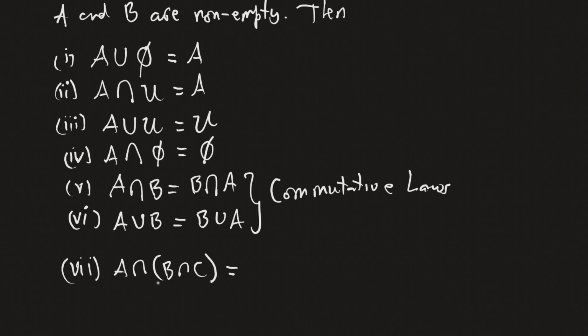In other words, with the parentheses here, it's saying that you'd perform this intersection first and then take that result and intersect with A. Well, it turns out you can change the grouping. You can find the intersection of A and B and then intersect with C, right? So that's the intersection version of the associative law. And then here is the union version. So what are we up to now? 8.